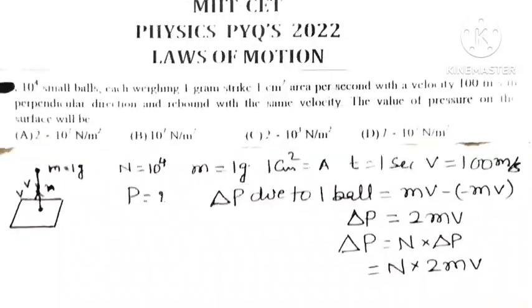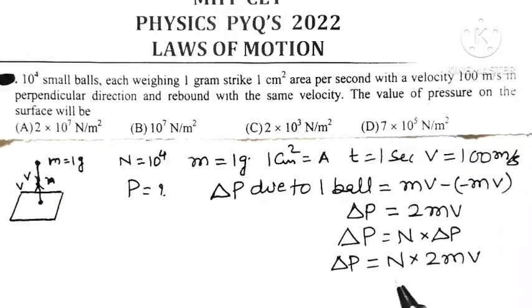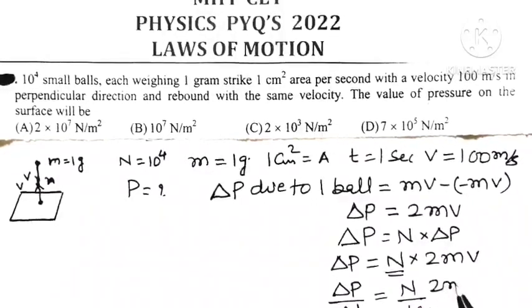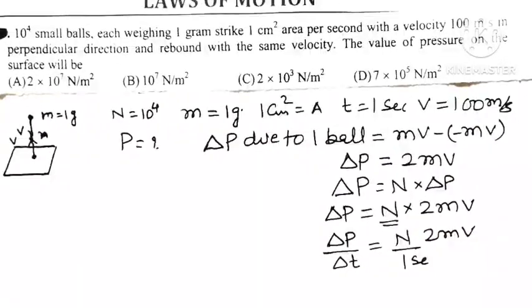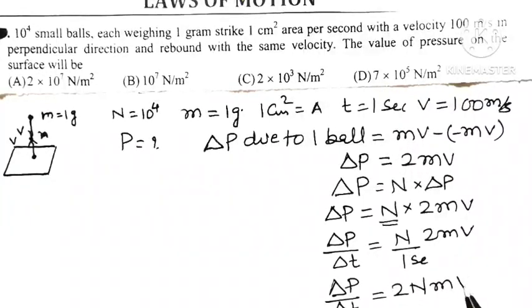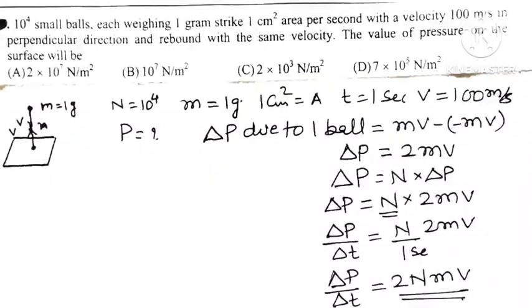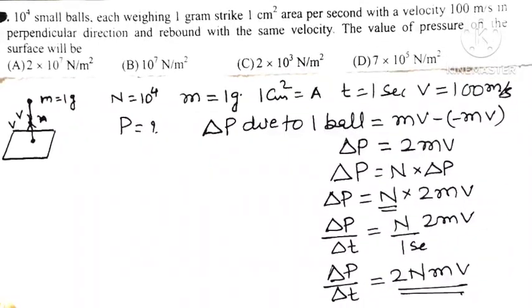Because n represents the number of balls that strike the surface in a time interval t equal to 1 second, delta p by delta t is equal to n divided by 1 second into 2mv, or delta p by delta t, the rate of change of momentum, is equal to 2nmv.